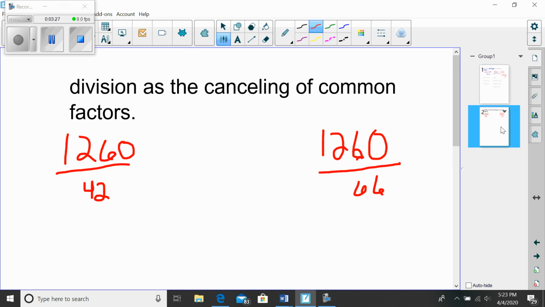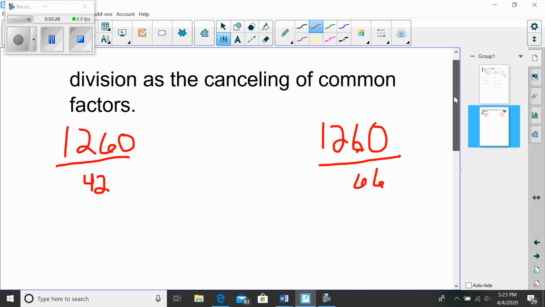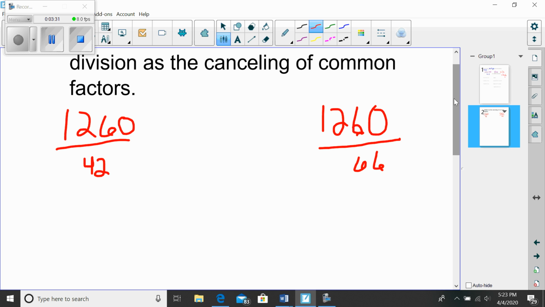Okay, so what I'm going to do over here is I am going to do a prime factorization for all of the numbers in the problem. So why don't I write out the prime factorization for the 1,260, and while I'm doing that on your note paper, please find the prime factorization of 42 and of 66.